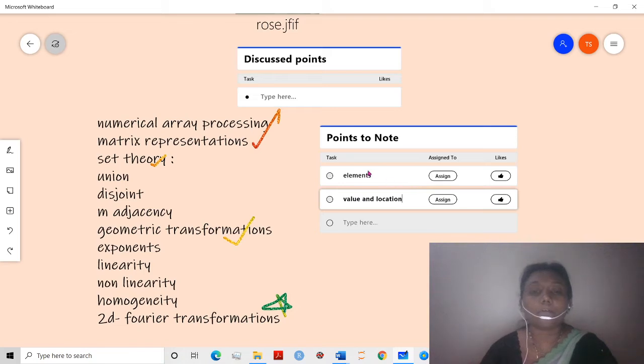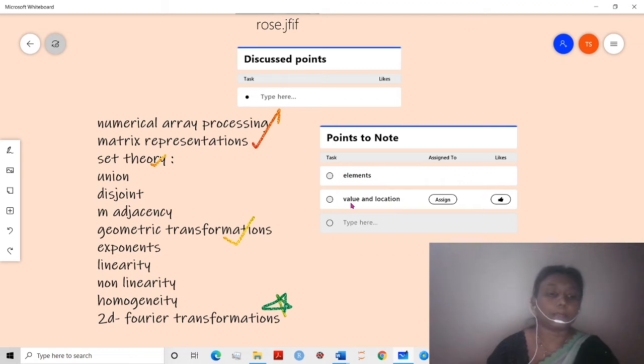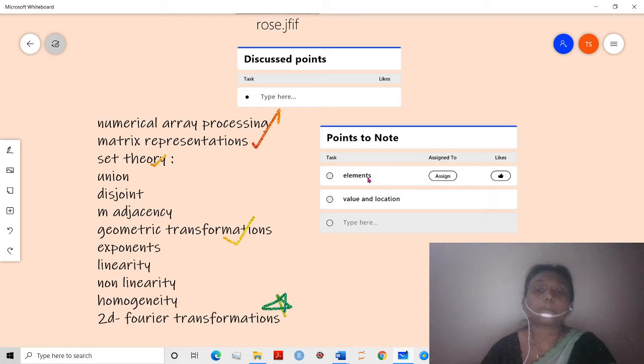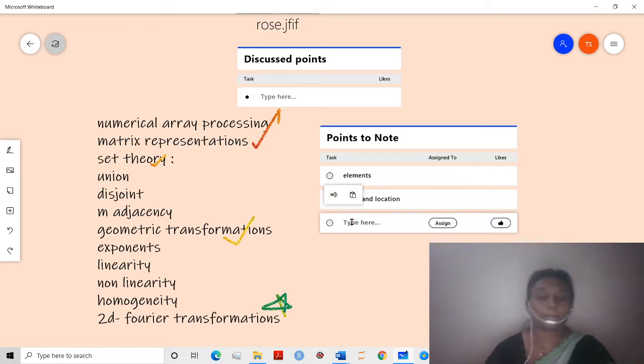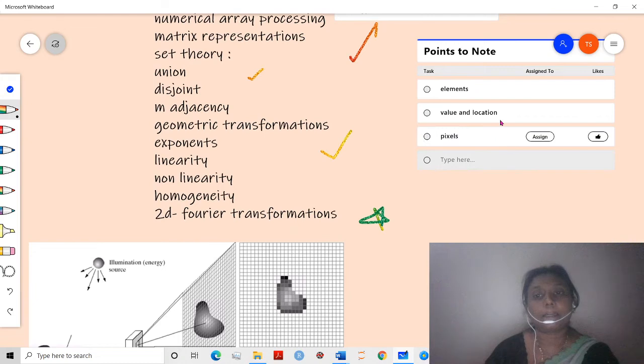So the image is composed of a finite number of elements, each having a location and value, and these elements we call pixels.